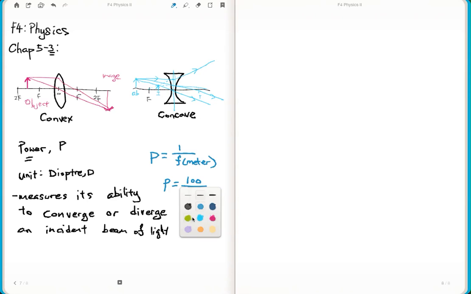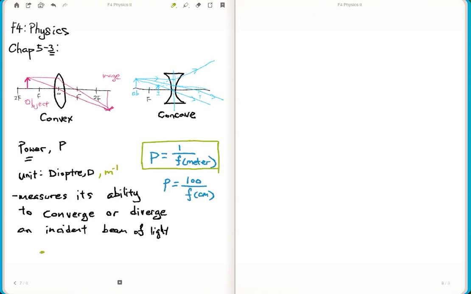Depends which is given, but this should be the equation. The unit is diopter, or per meter. It's easier to understand as per meter.